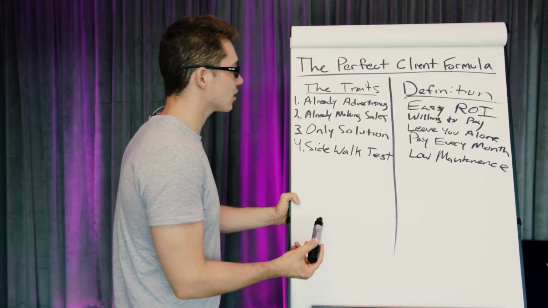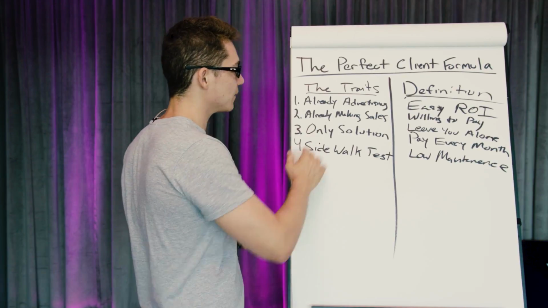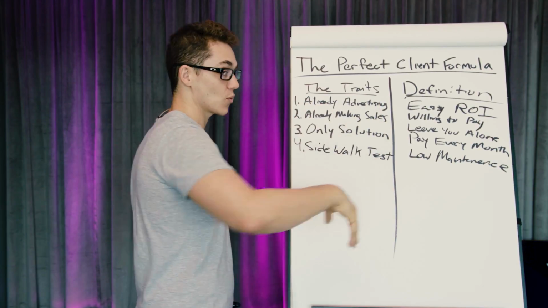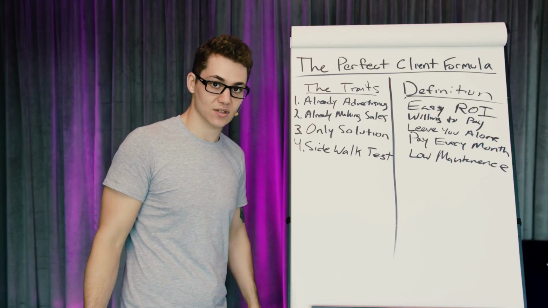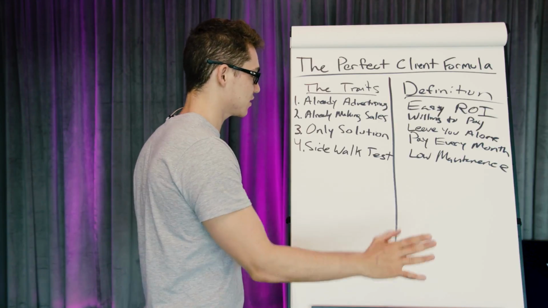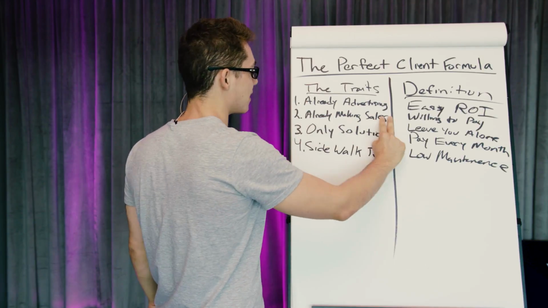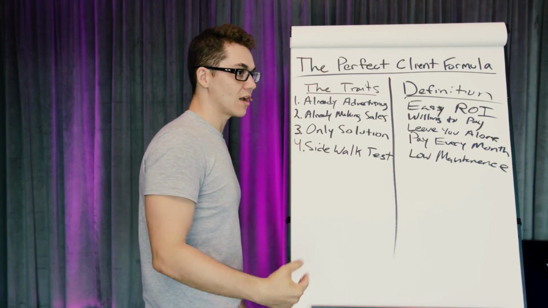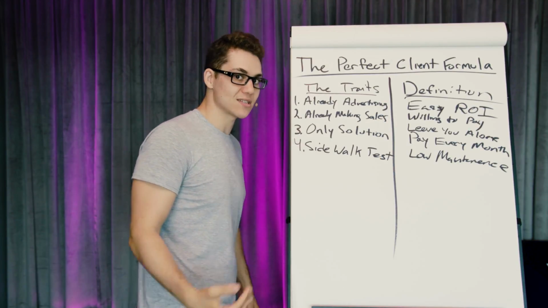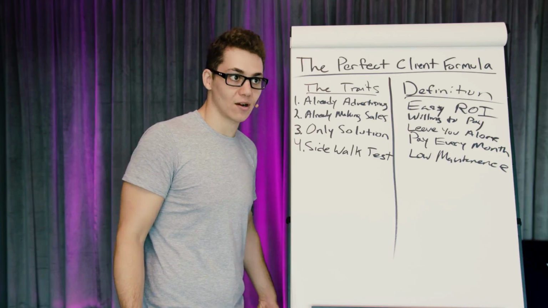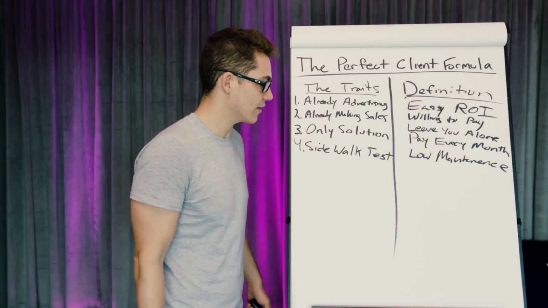So these are some traits. Let me just go over them again real quick. They're already advertising so that we don't have to convince them to spend money. We can convince them to move money instead, much easier. They're already making sales, meaning they're not new, they're not struggling. If we send them leads, they can close them, therefore they can make money, therefore we can get paid every month.